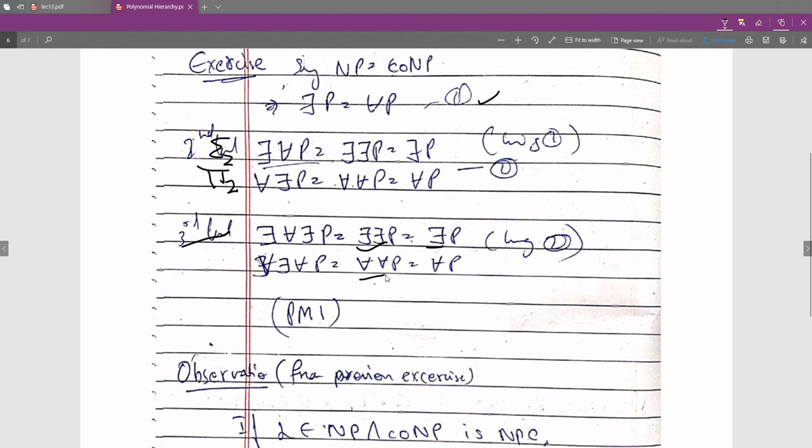And the same goes for a universal quantifier, they can be collapsed to one. This part and this part follow from the previous one, so we replace it with that. Same as we talked about in the previous proof, we prove the first three base cases, induct for the kth level, and then finally prove it for the k plus 1.